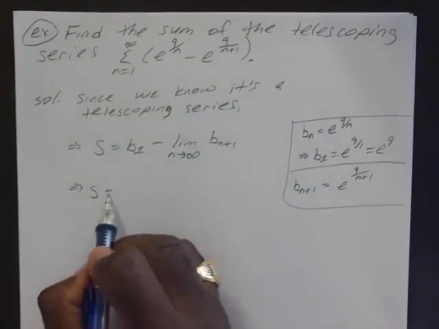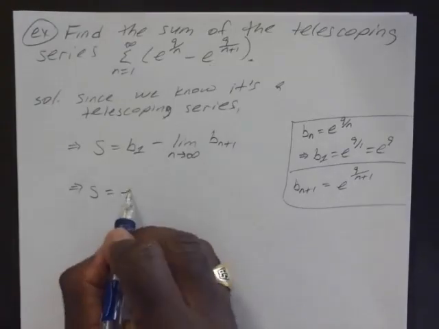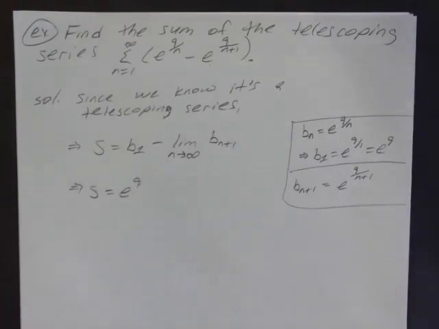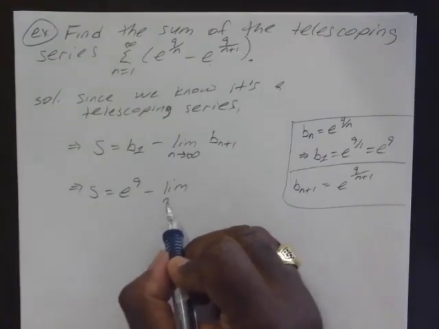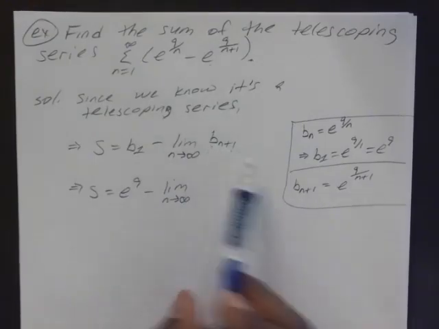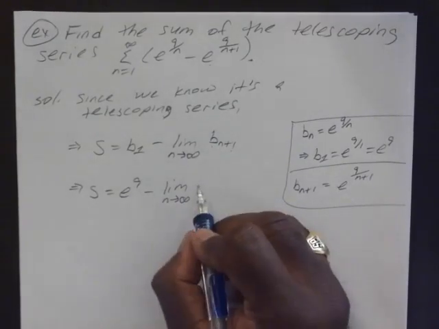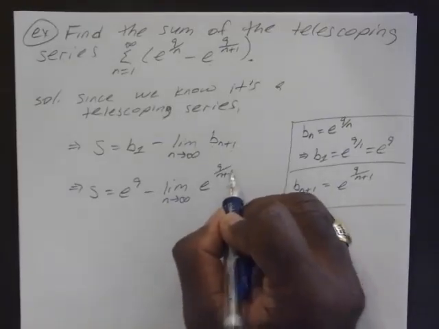Okay, so our sum is equal to your b sub 1, which is e to the 9th power, minus the limit as n approaches infinity of your b sub n plus 1, which is e to the power of 9 divided by n plus 1.